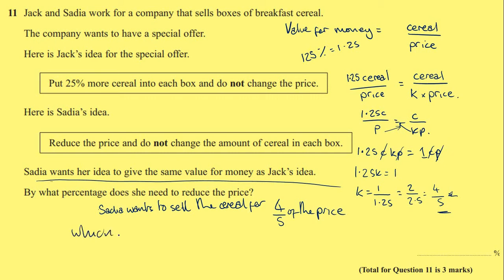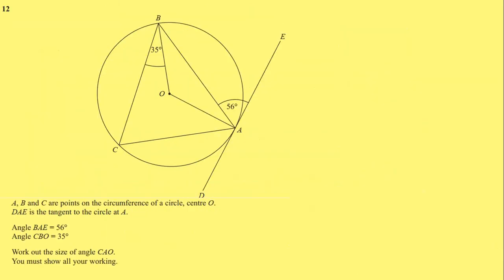Which is a 1/5 reduction. 1/5 is equal to 20%. So what percentage does she want to reduce the price by? Well, she needs to reduce the price by 20% in order to produce the exact same value for money. It's tricky, it's a tough question, but we should be able to move on.